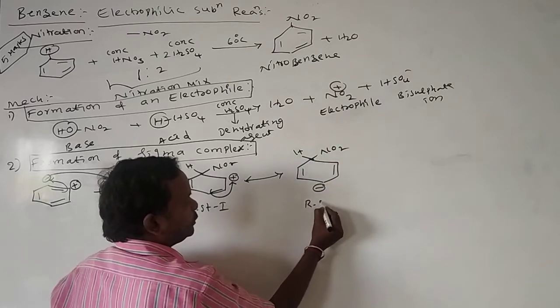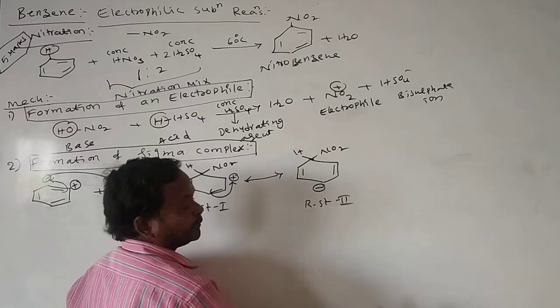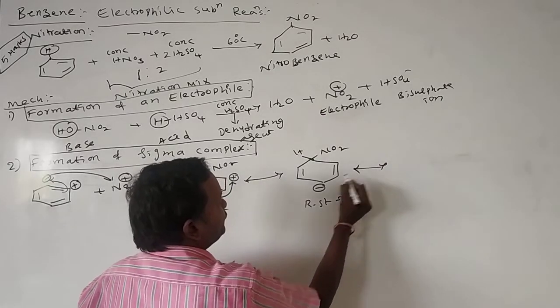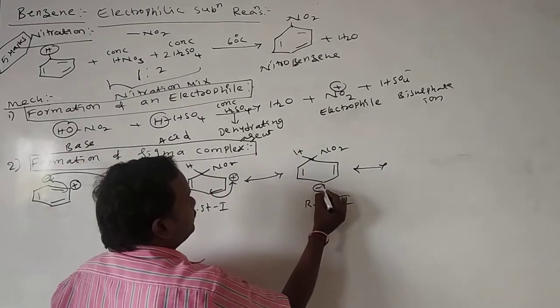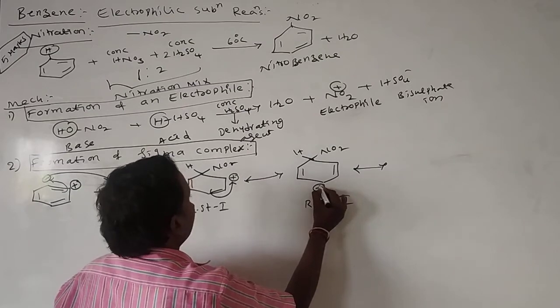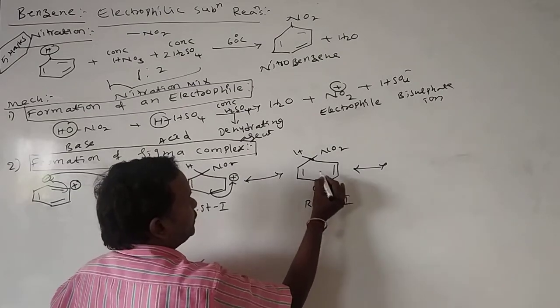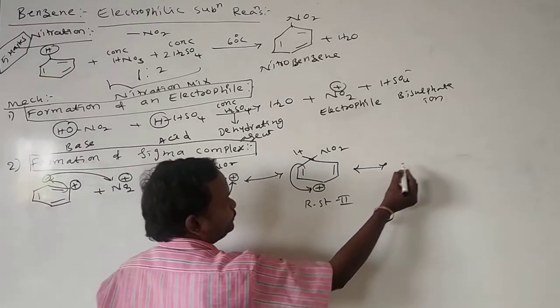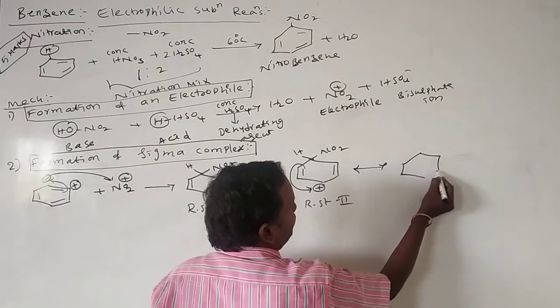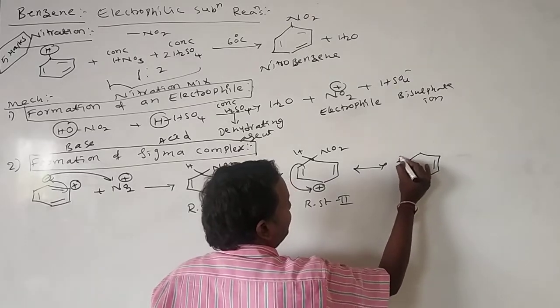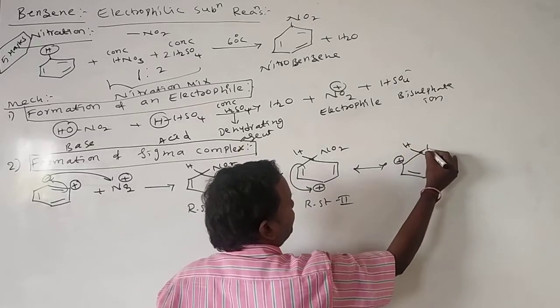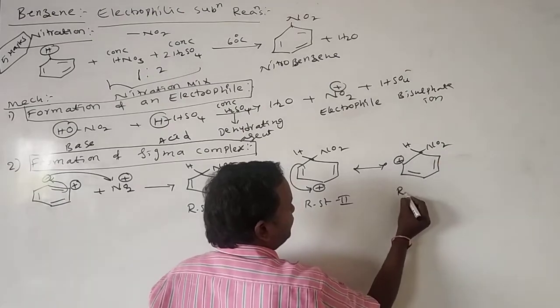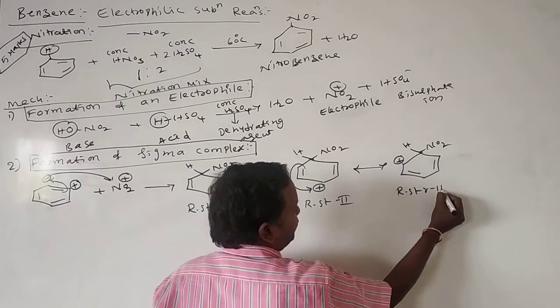This is one more resonance structure. It also involves in resonance like this and forms one more resonance structure. Here positive charge, here H, here NO2. This is resonance structure 3.